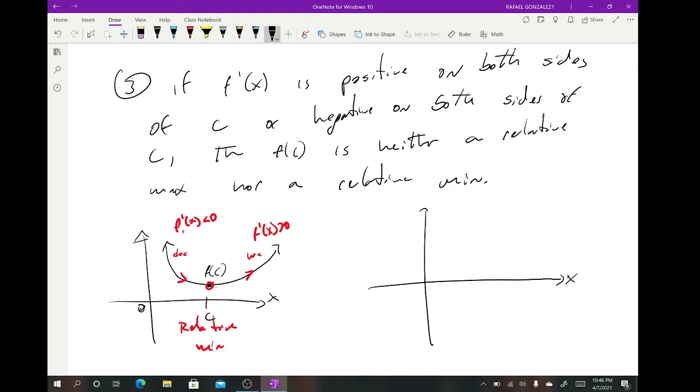In contrast, if we have now a parabola that looks like this, right? Say c is here and f of c is up here. Not make it so high.